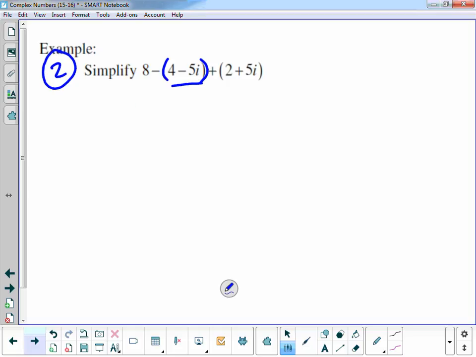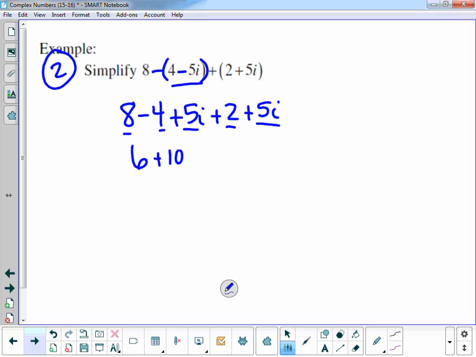So then this will really be 8 minus 4, and then it will be minus 5i or plus 5i? Plus, because it will be subtracting that negative. So it'll be plus 5i, then plus 2, plus 5i. So then we can add all of our numbers together. So 8 minus 4 plus 2, what's that? 6. Then plus 5i plus another 5i is plus 10i. And that's it.